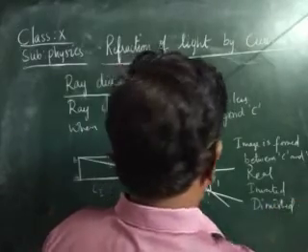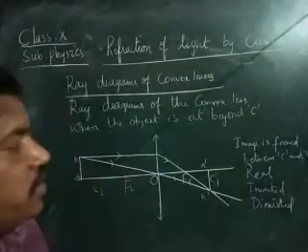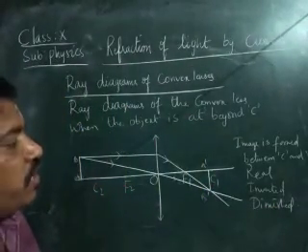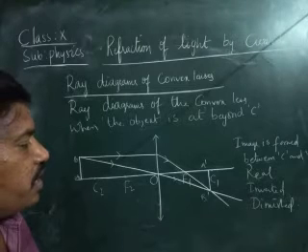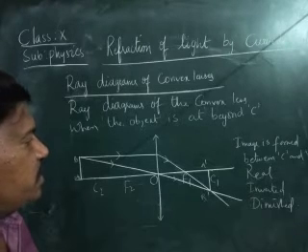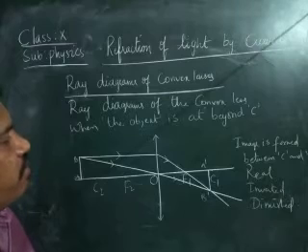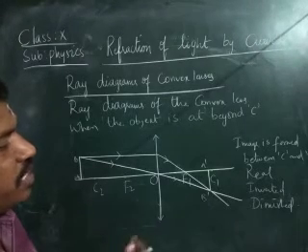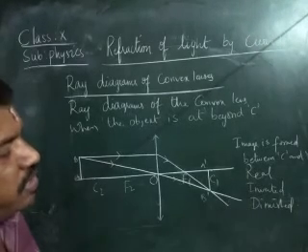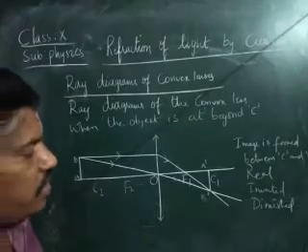Therefore, the image is formed in between C and F. It forms a real image, an inverted image, as well as a diminished image, children. Therefore, when the object is at beyond C, the image formed is between C and F, real, inverted, diminished.